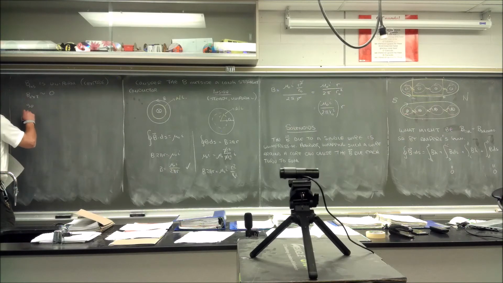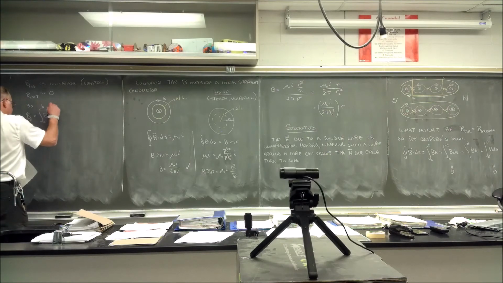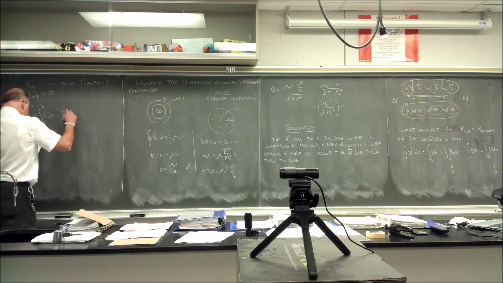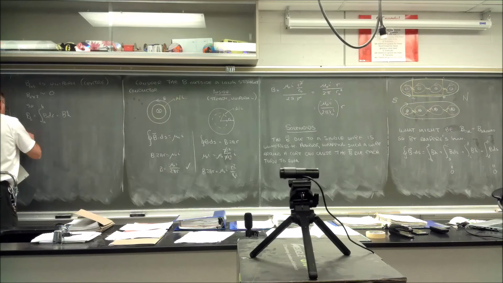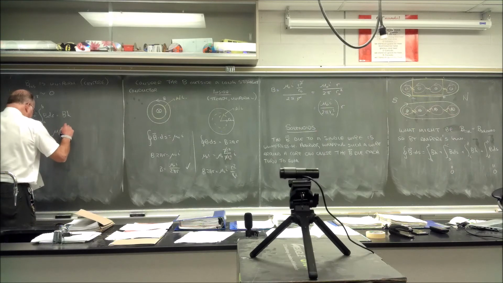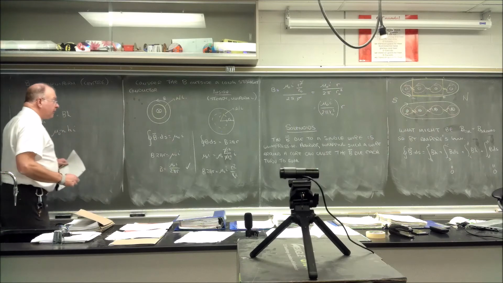So, the B of the solenoid is equal to the integral of B ds from A to B, which equals B h. And then mu naught I enclosed is equal to mu naught n h times I. So what does that mean?